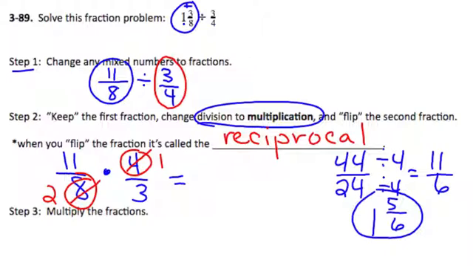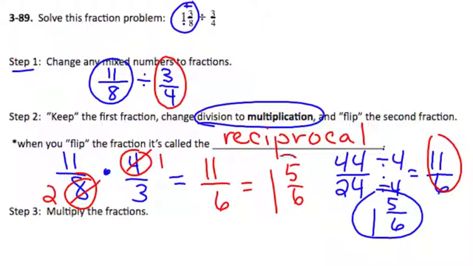So now I can multiply my numerators. 11 times 1 is 11, and 2 times 3 is 6. So notice that I get the same answer as I did over here, but my numbers weren't very large. And then, of course, I have to change this again to a mixed number, which is 1 5/6.